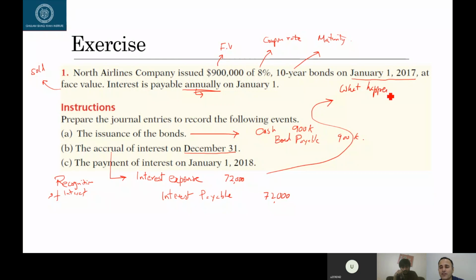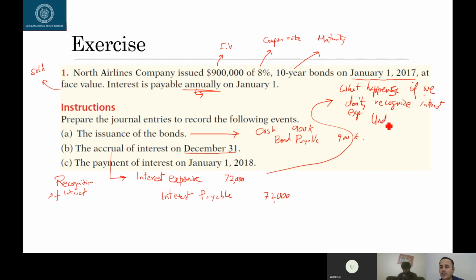What happens if we do not recognize interest expense? Because by definition, the financial statements should show the true financial position of your company. So if I'm not recognizing this expense, what will happen?